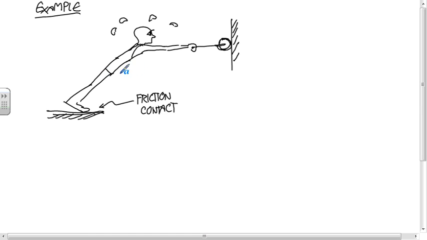So let's say the center of mass, when we talk about centroids, we're going to talk a lot about center of mass. Something interesting about the center of mass of an object is it doesn't actually have to be on the material of the object at all. So if you measured the center of mass of this person, it would probably be here somewhere in space. So what part of this person does gravity really pull on? We said that it pulls on the center of mass.